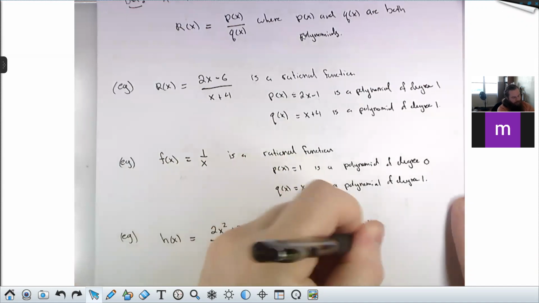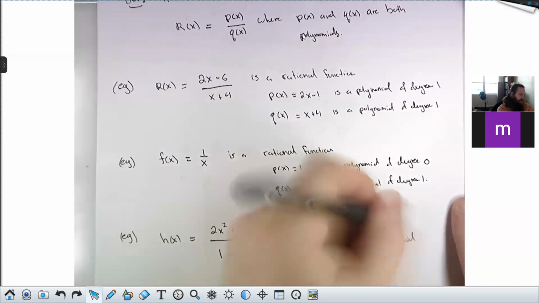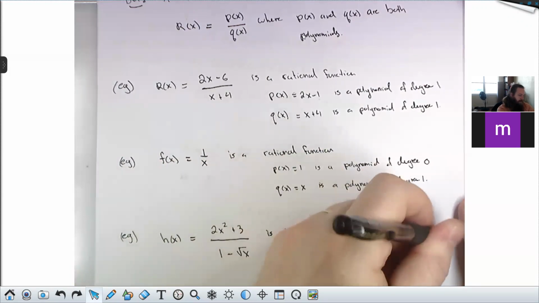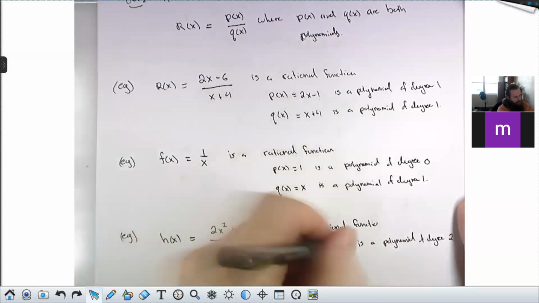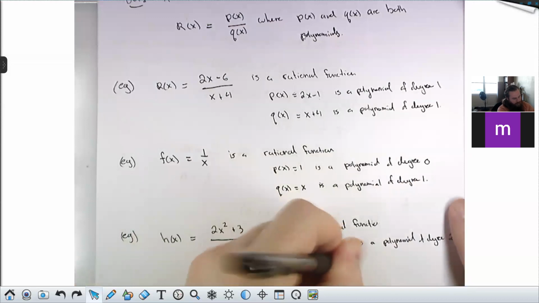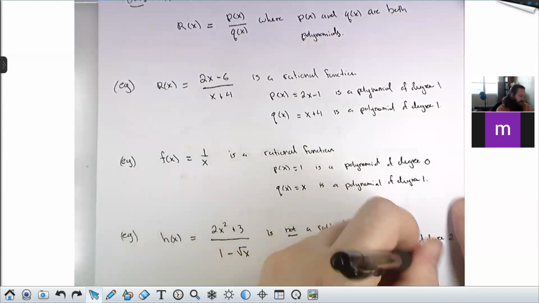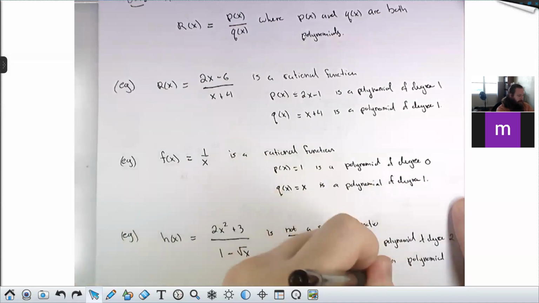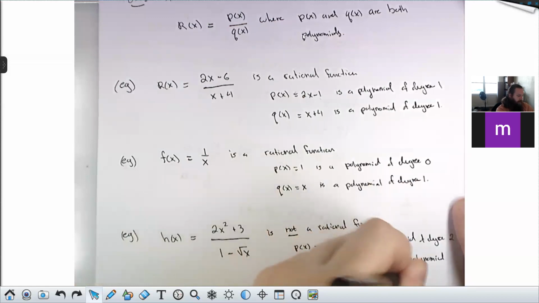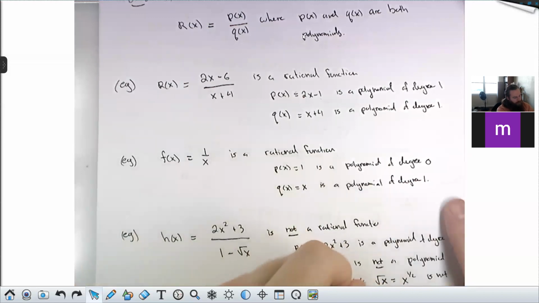This is a polynomial of degree 2. But the bottom q of x, that's 1 minus the square root of x, is not a polynomial, because square root x is x to the 1/2, which is not an integer power of x.